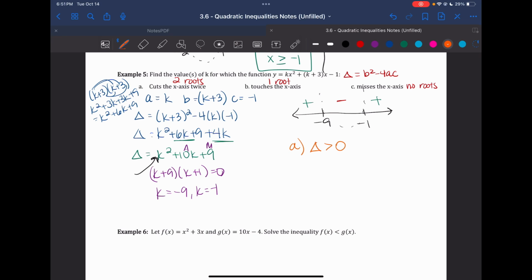If it's greater than 0, then I can use my sign diagram and just look at all of the positive values, so the 2 regions here. So k is going to be less than -9, or k is greater than -1.